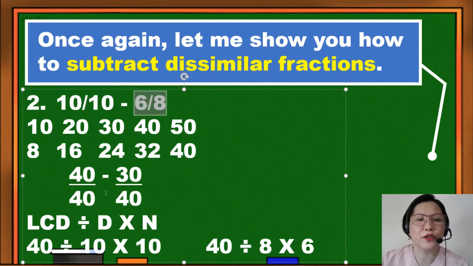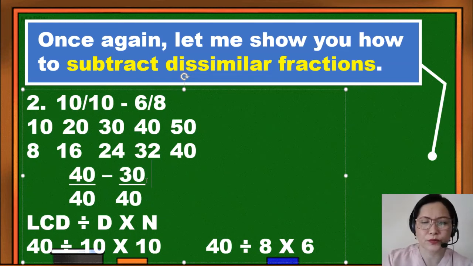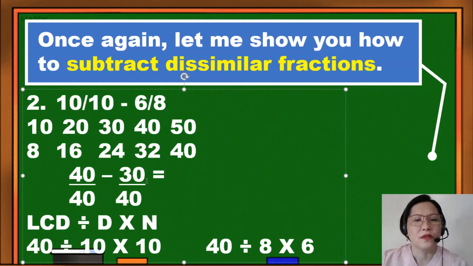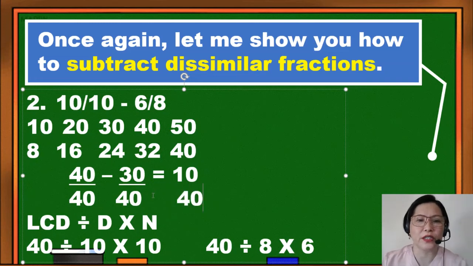Since 40 40ths and 30 40ths are already similar fractions, we can now subtract. So 40 minus 30 equals 10. Then, write the common denominator, which is 40.